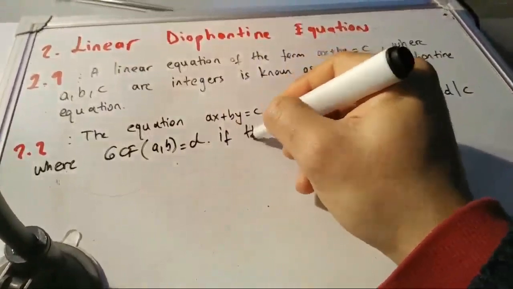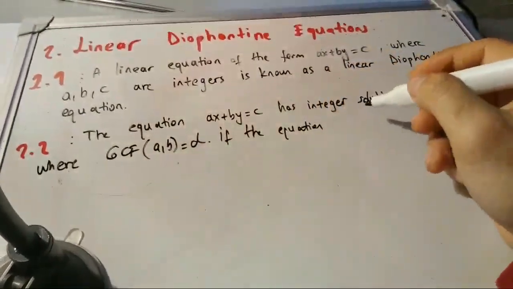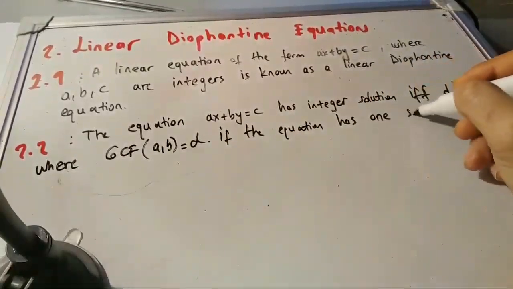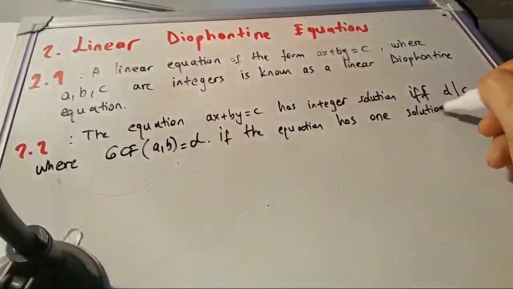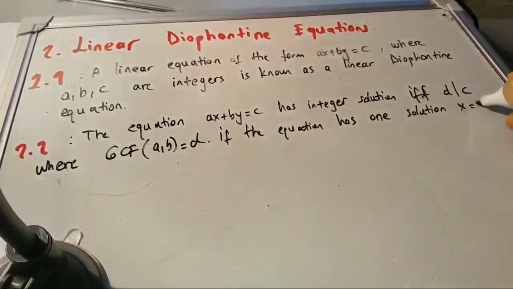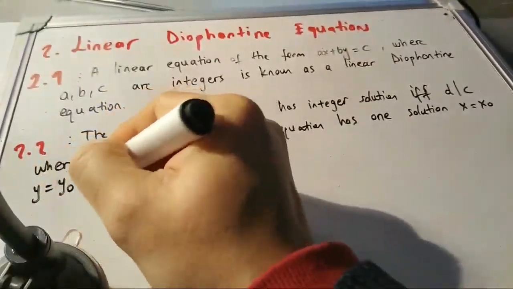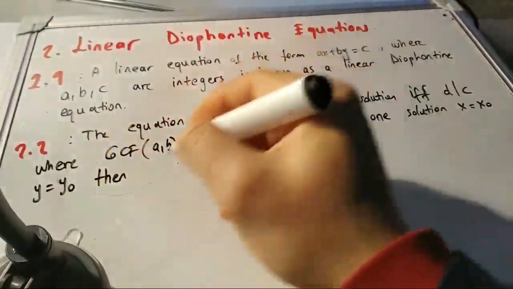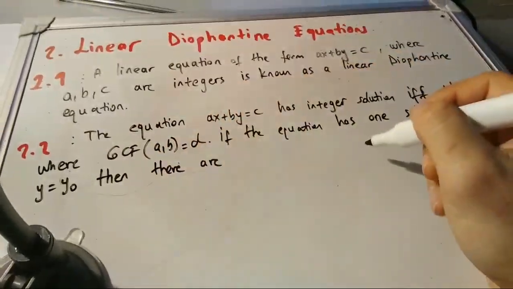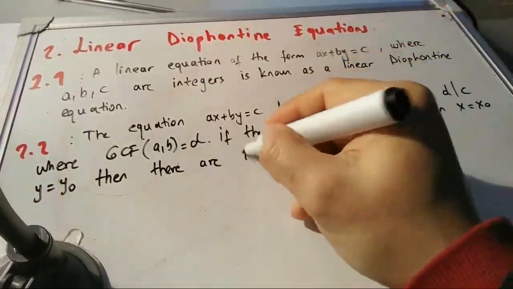If the equation has one solution, x is x0, y is y0, then there are infinitely many solutions.